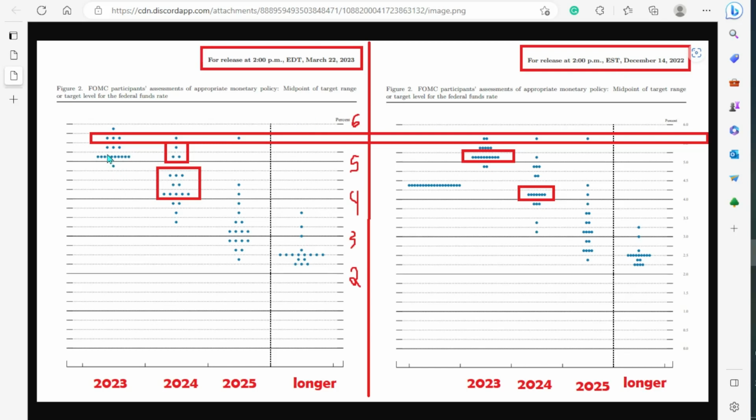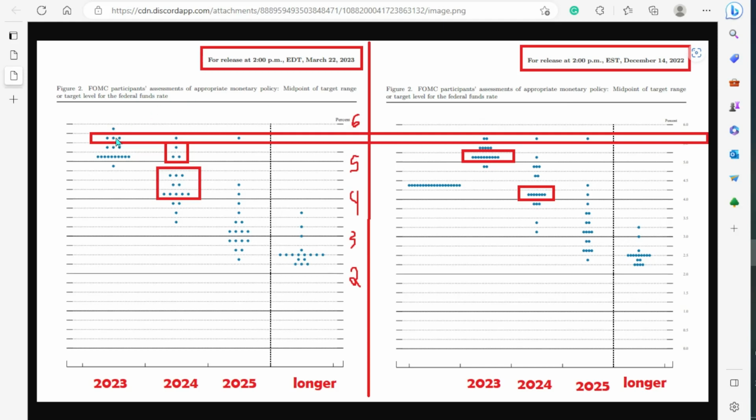So for 2023, you can see something very clear. If we're looking at this 5.5 area, you can see 3 dots right here. In December, we only saw 2 dots. So now you can see 1 extra dot right here, and then 1 dot going all the way up to this 5.75 area. So that wasn't there before.